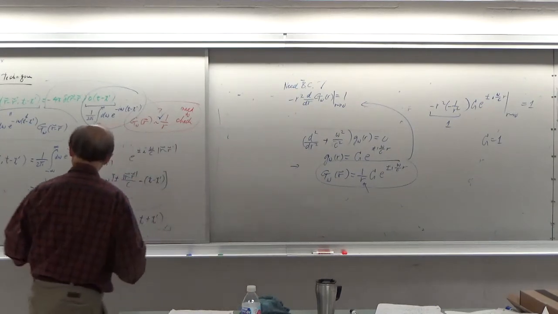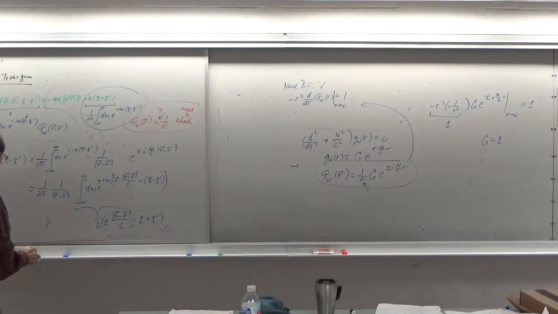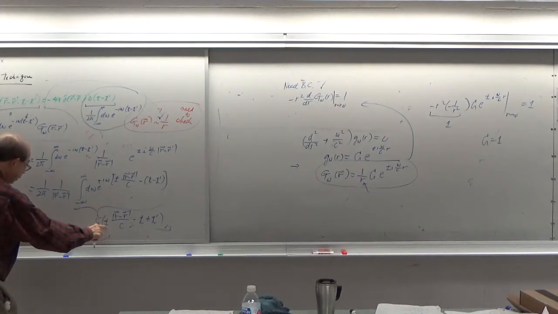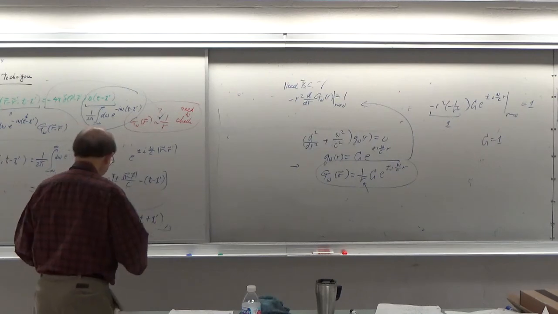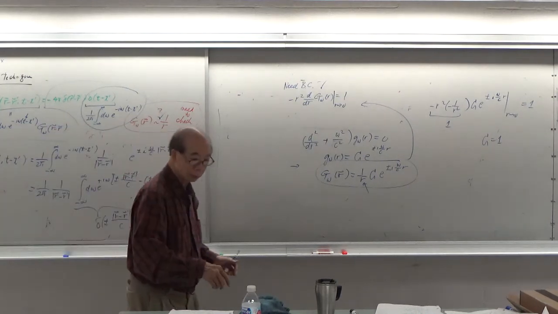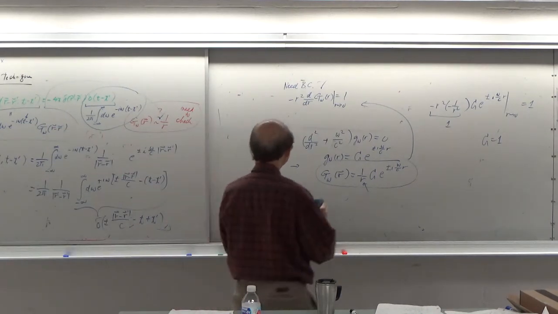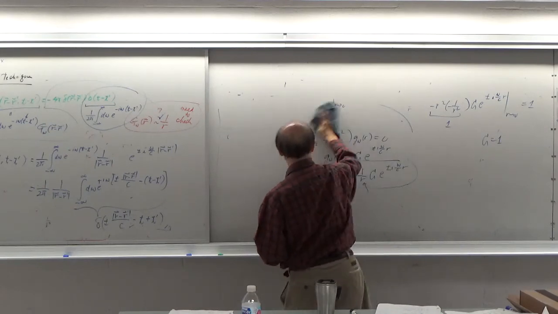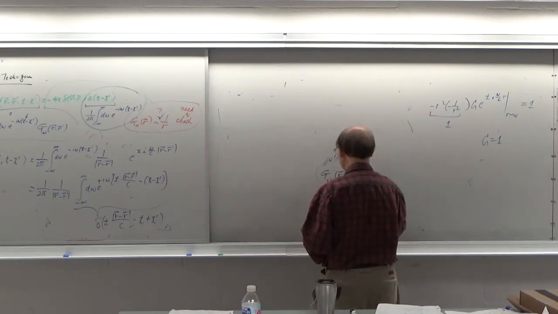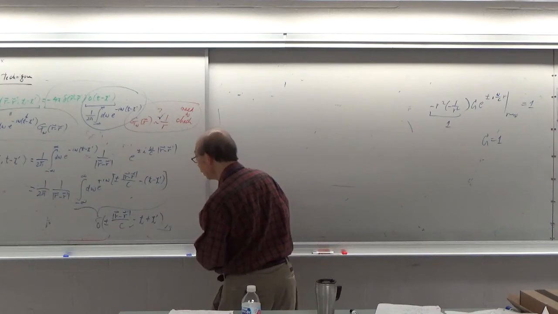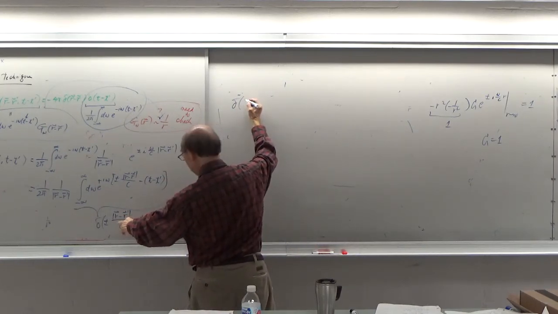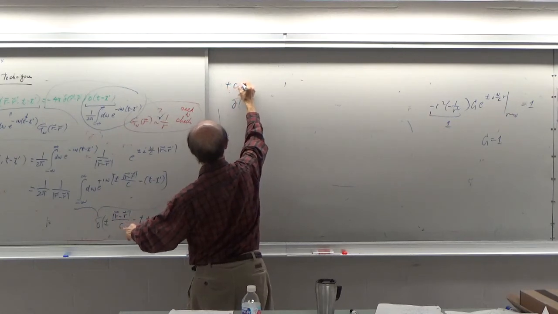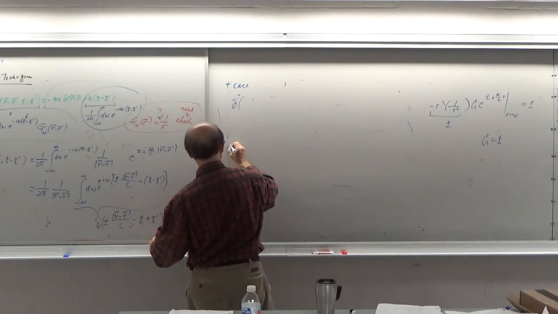Okay, so it looks like we have two solutions. One with plus sign here, one with minus sign here. Let's take a look at those two cases. I can now erase this. Let me consider this, the delta, plus case, then minus case.